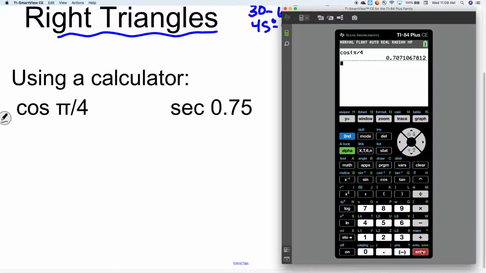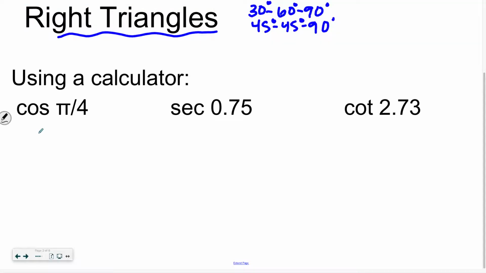Does anybody recall how you're going to do secant in your calculator? Okay, so looking at your sine, cosine, and tangent buttons, you might notice that there are sine to the -1, cosine to the -1, and tangent to the -1.